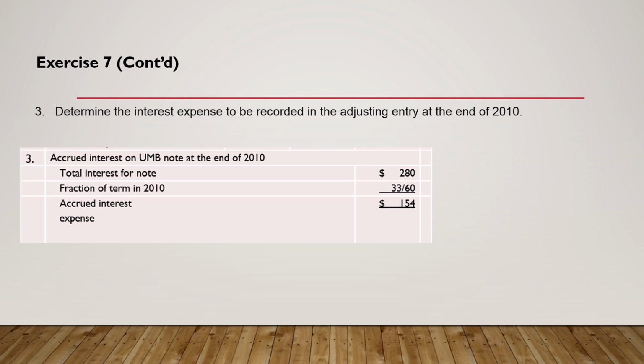So I multiply the total interest that we calculated previously, $280, times the fraction of the term in 2010, which is 33 days over the 60 days, the term of the note, which gives us $154 accrued interest expense. And we are going to use this number when we record the adjusting entry for the accrued interest expense.